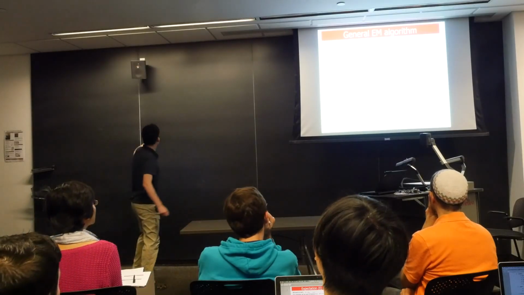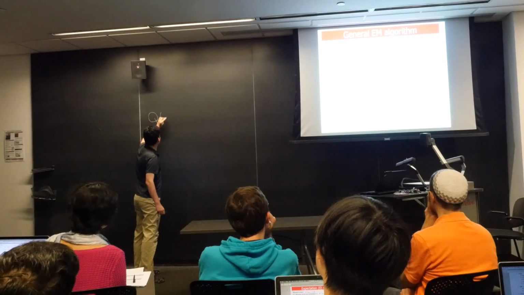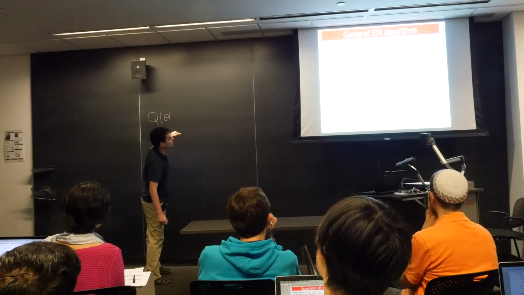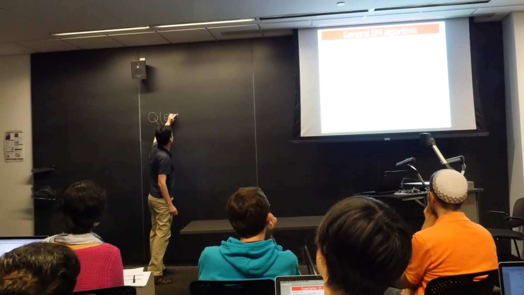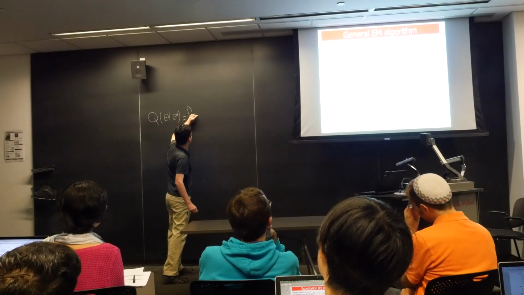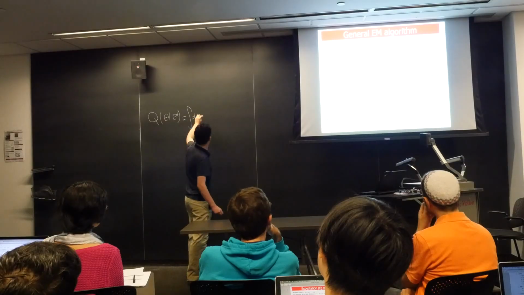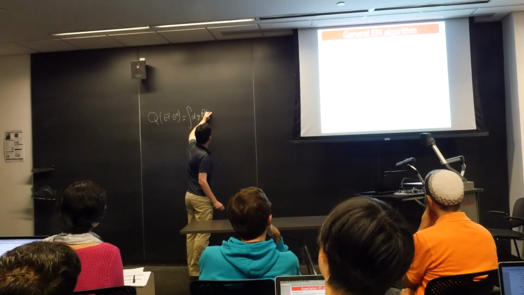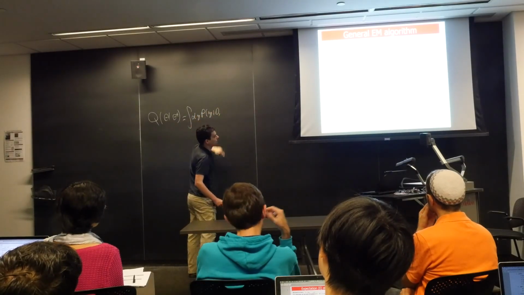So in the EM algorithm, we need to create a Q function, theta, say theta t, and this was just the expectation of this posterior distribution.